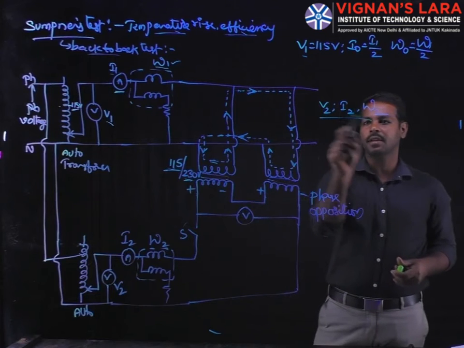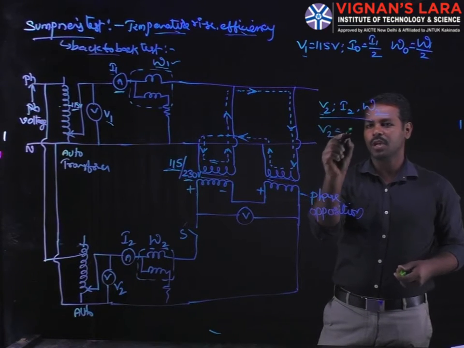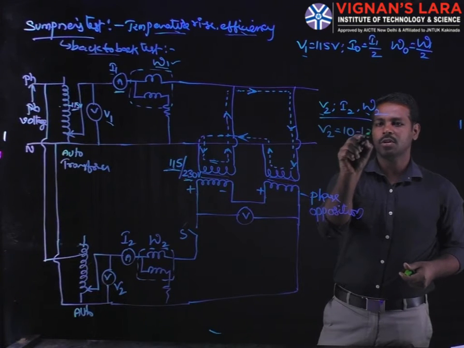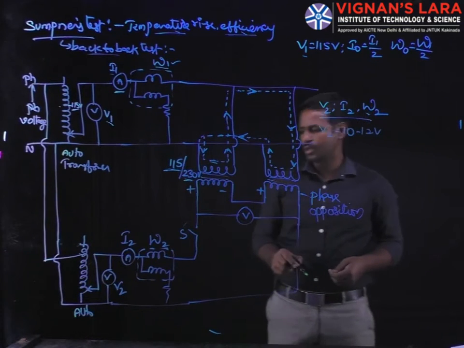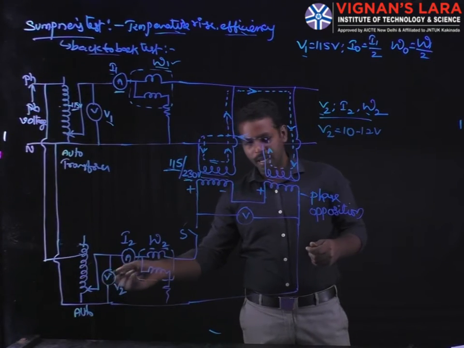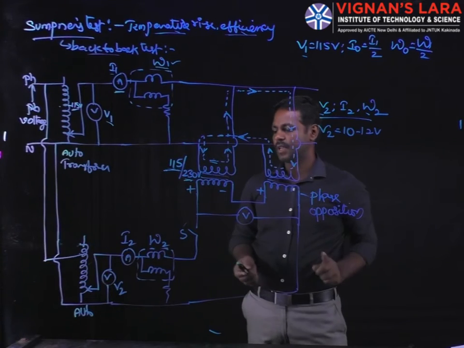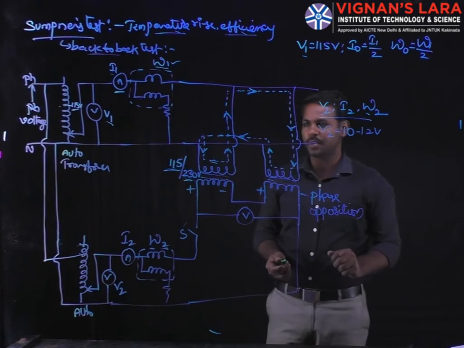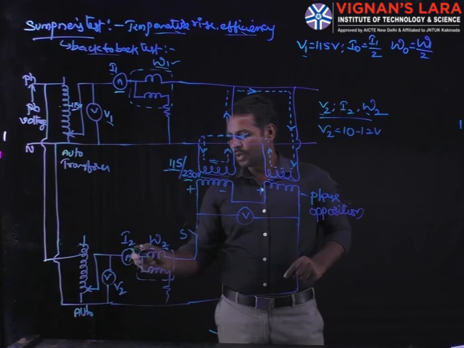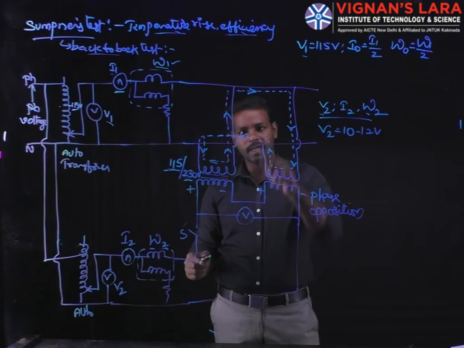Finally, we get V2, I2 and W2. V2 is approximately 10 to 12 volts. Even though we apply a small amount of voltage across the secondary of a transformer, full load current flows through the LV side.